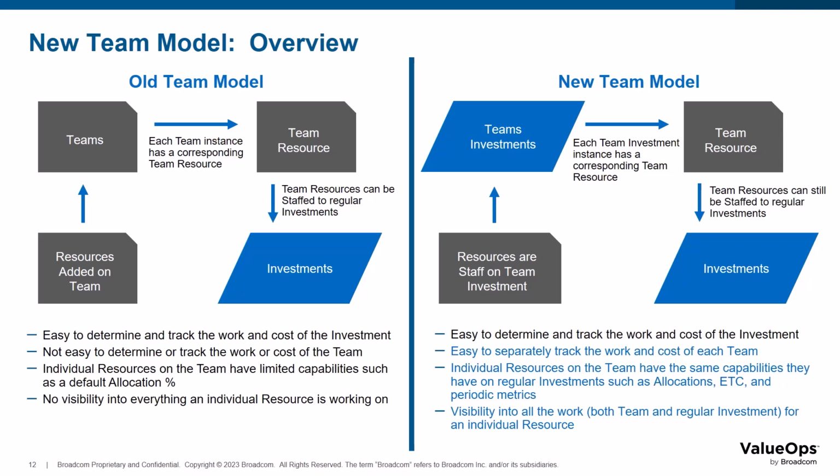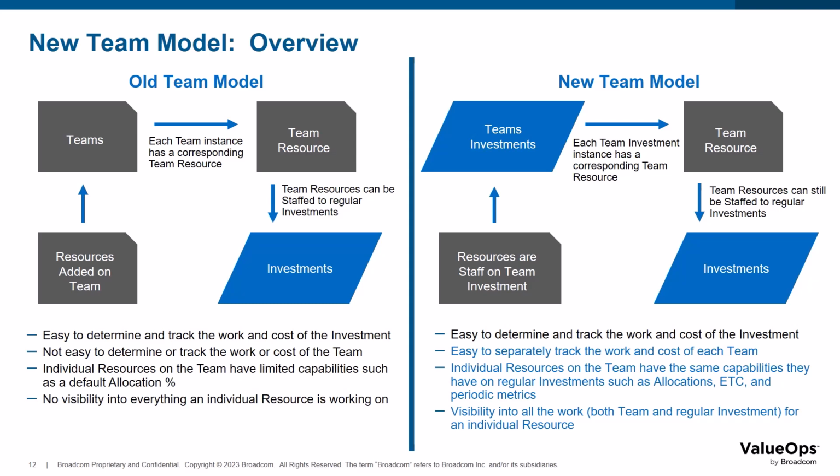Under the new model, teams are now team investments, and resources are staffed on team investments. And for every instance of a team investment, like Nighthawks team, for example, we're still creating a team resource that you can staff to regular investments if you decide to do that. You may not want to do that for all of your teamwork.